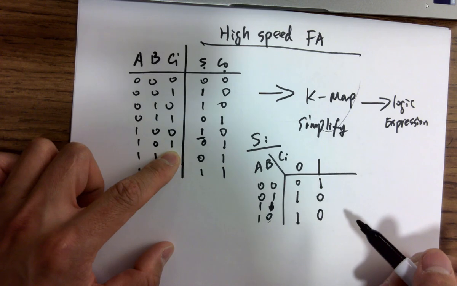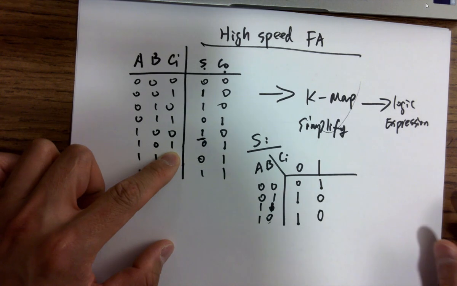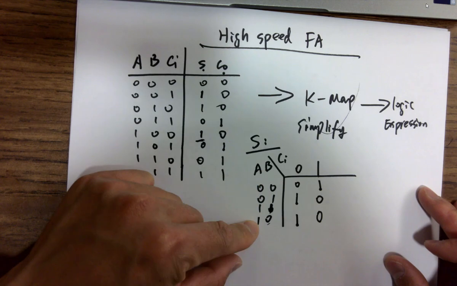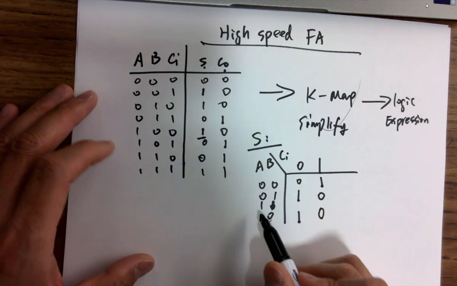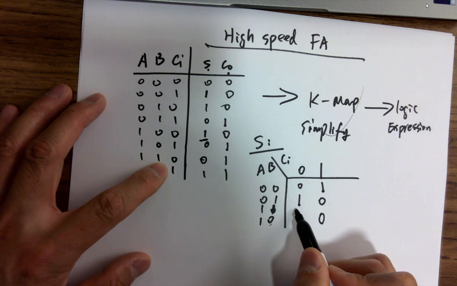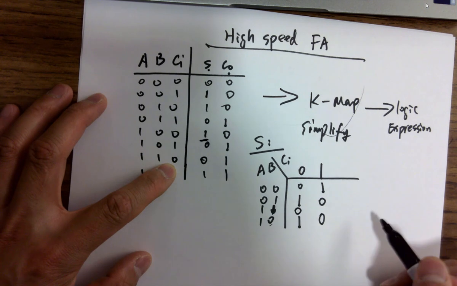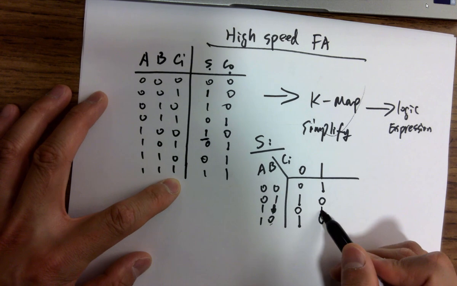Wait, what's going on? Wait, so these are all the... Oh, I skipped the row here. 1 1 0, 1 1 1 is a 1.